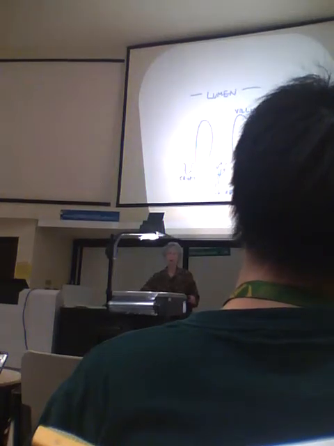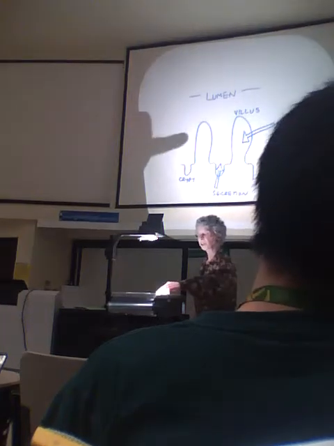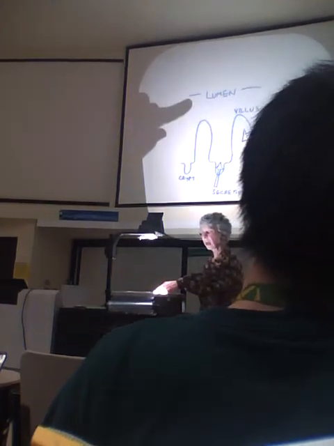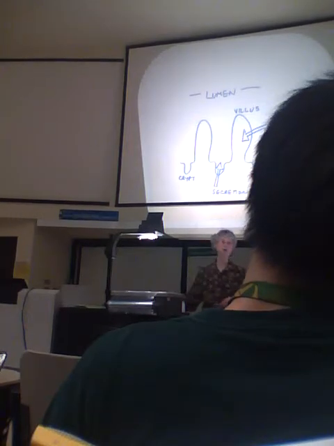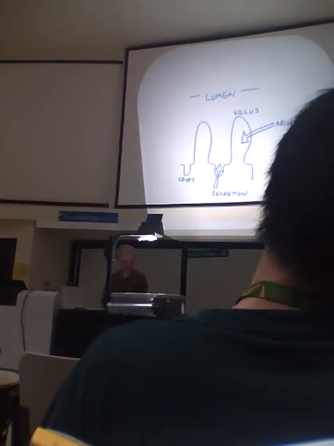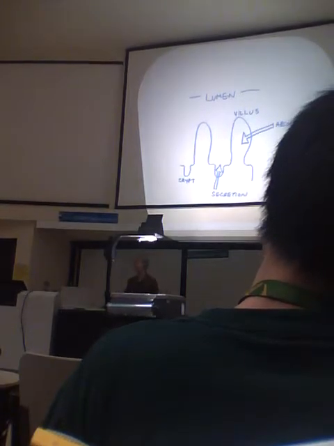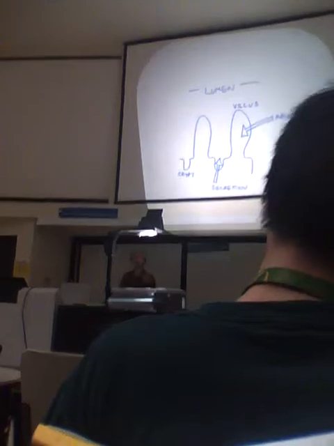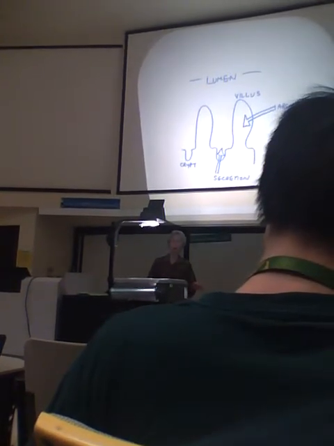So let me just remind you, in the small intestine, there are villi, which poke out into the lumen, and there are crypts, which are invaginations into the wall of the small intestine. The role of the villi is in absorption, and last time I talked about the absorption of the end products of digestion of carbohydrates, protein, and fat, the main dietary constituents.